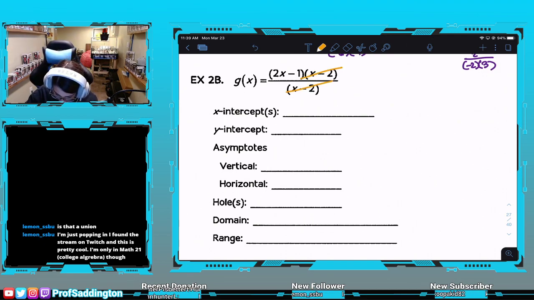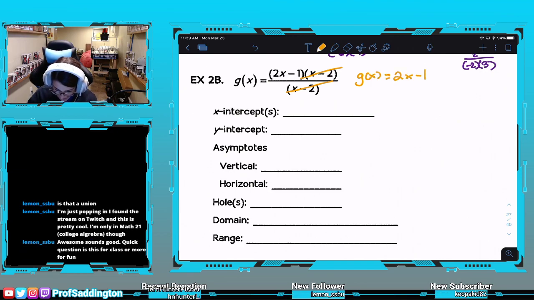So we really have g of x is 2x minus 1. But you might be thinking, why'd they give us that? This is a case where we are going to have a hole. So I'm actually going to skip around a little bit. And you notice that this is also going to be linear. So we're going to be graphing a line, but there's going to be a hole in that line.